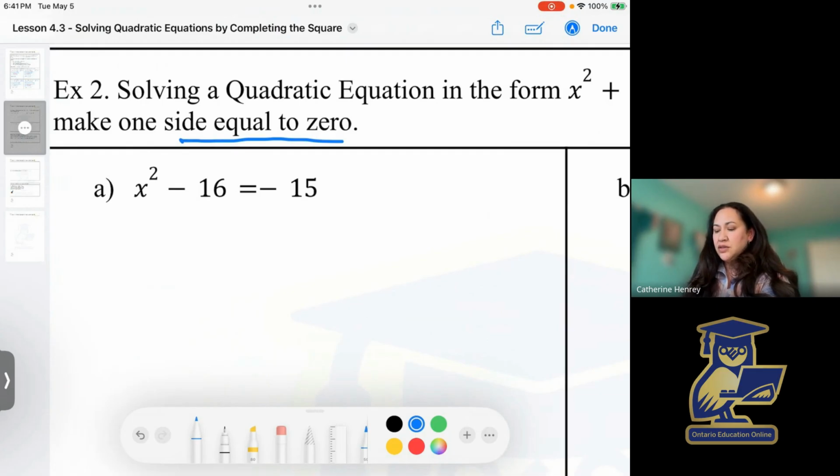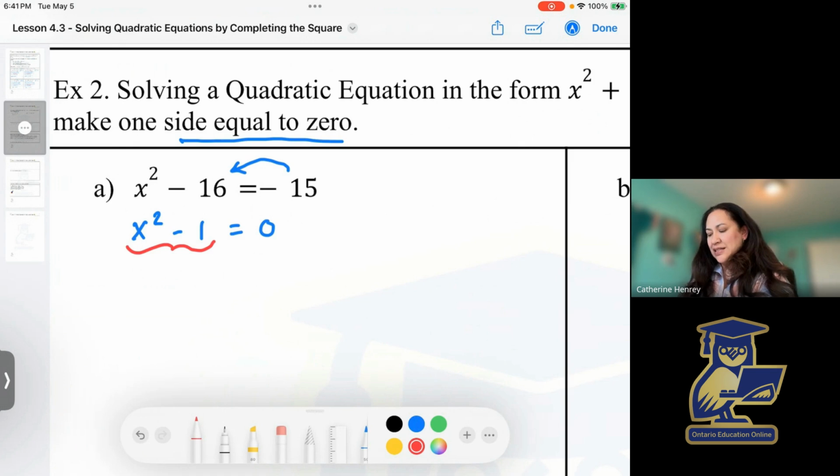So I'm going to bring this negative 15 over to the left side, and that way my right side will equal 0. But when I simplify, x squared minus 16 plus 15 as you bring it over is negative 1, and that equals 0.